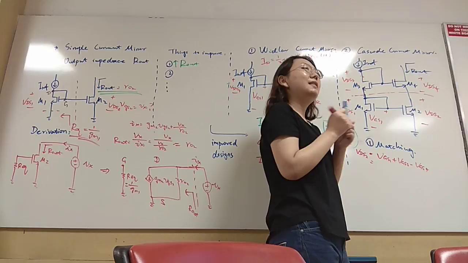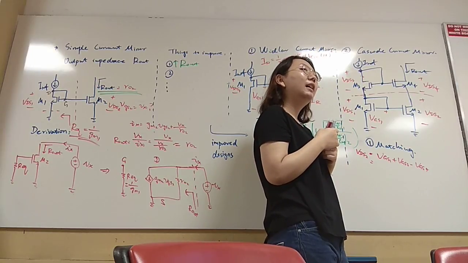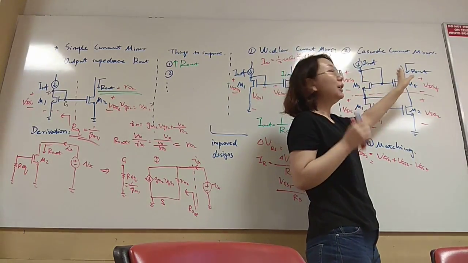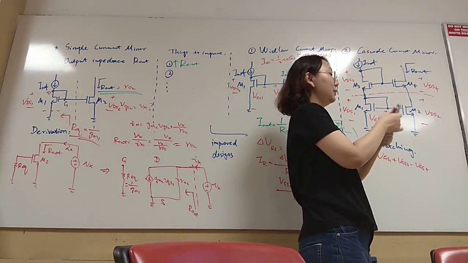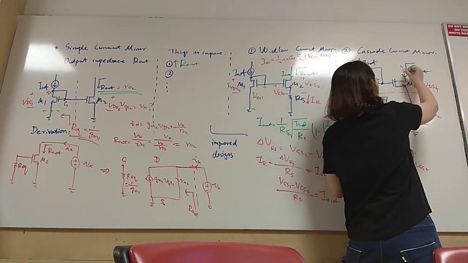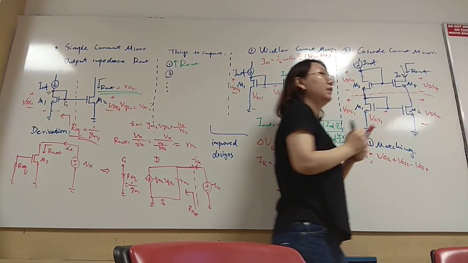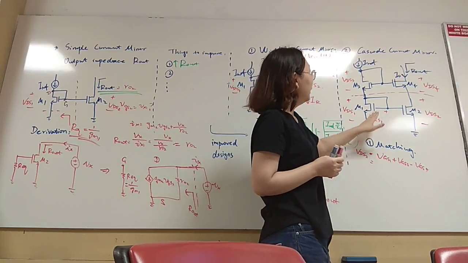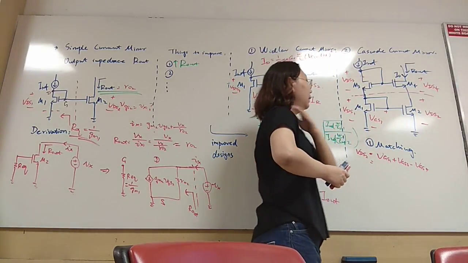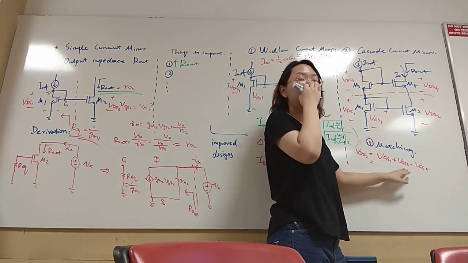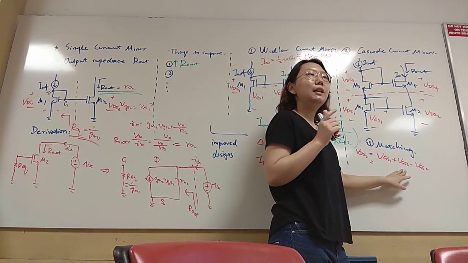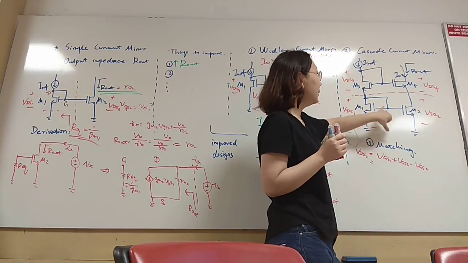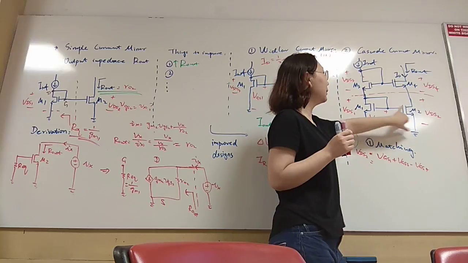And because it's a current mirror, this whole structure is a current mirror, right? So we assume I ref equals to your I out. So here is your I out. And from the structure, we can assume all the VGS are equal. Because here is VGS1, VGS2, so everything is equal.